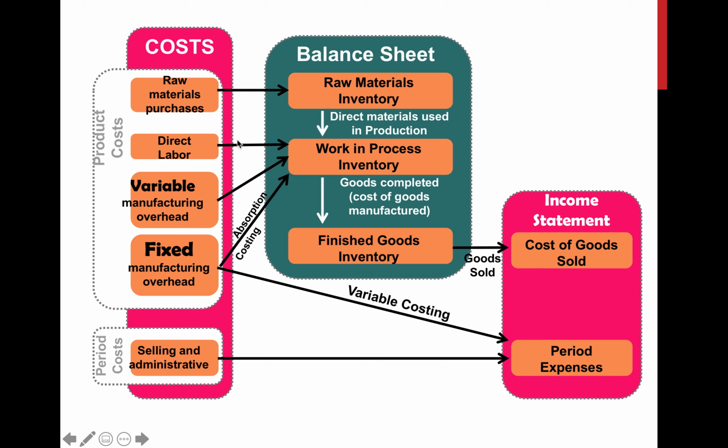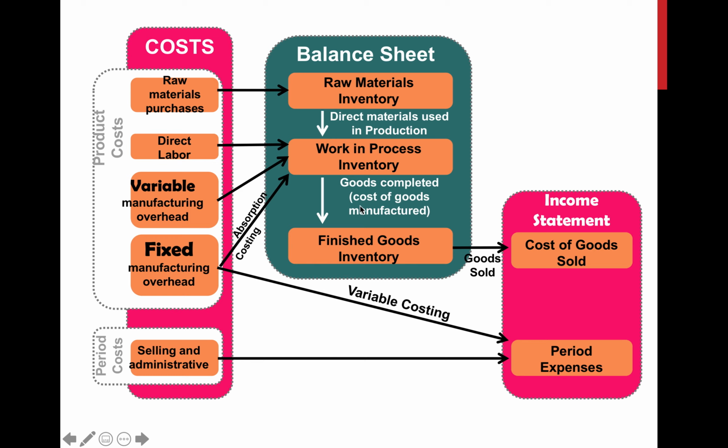You add to those raw materials, or direct material, that is the same thing, the direct labor in order to transform the thing, and you add the variable manufacturing overhead, remember, under variable, to have the work in process inventory. But if you are working under absorption costing, you also add the fixed manufacturing overhead to the work in process inventory.